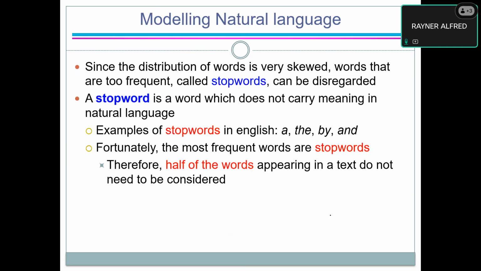That's why the most occurring terms are called stop words. We will ignore these because the frequency is high. When the frequency is high, they carry less meaning, so we will not include them in our term document matrix. This is more about how we select terms that are best used to represent the document. So we will not use the, by, and so forth.